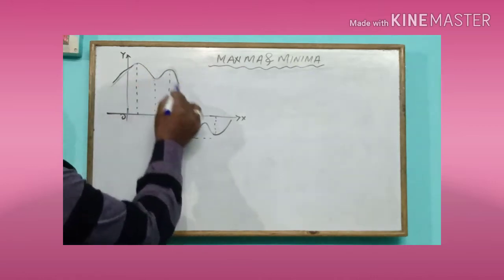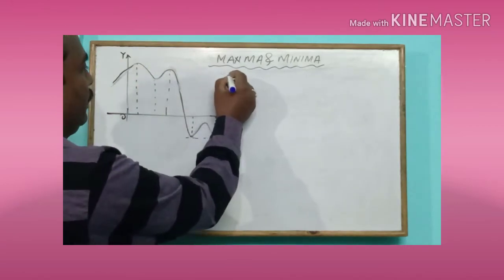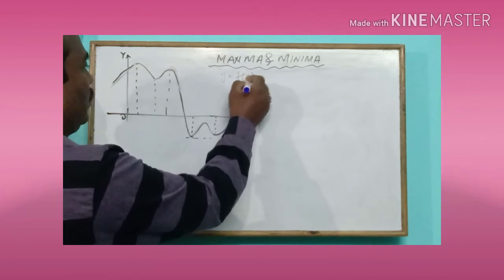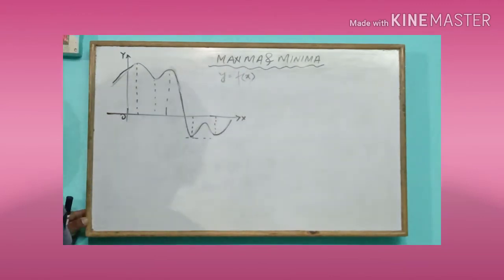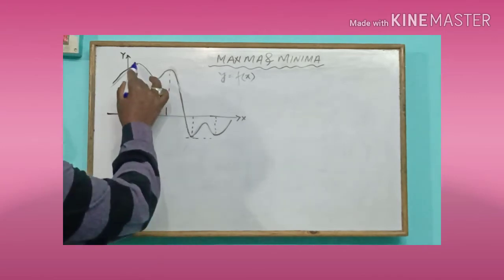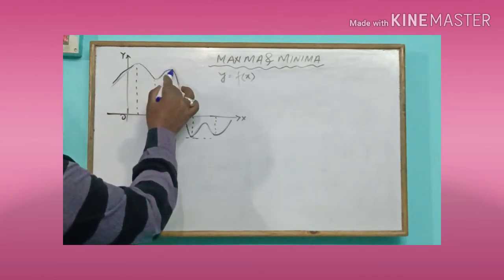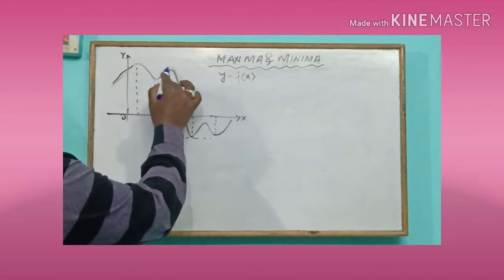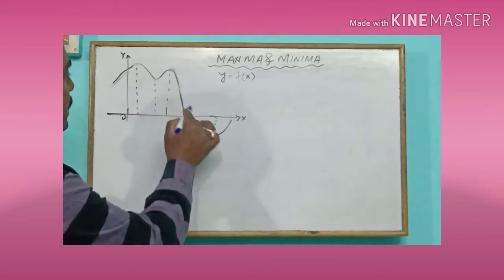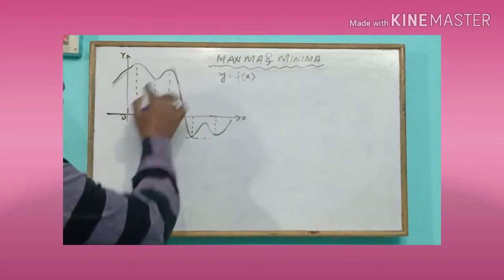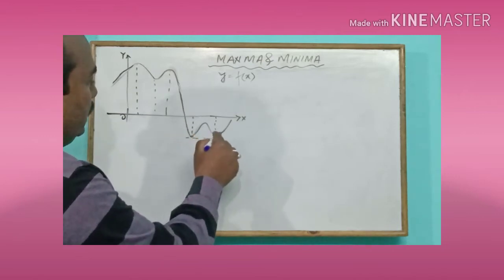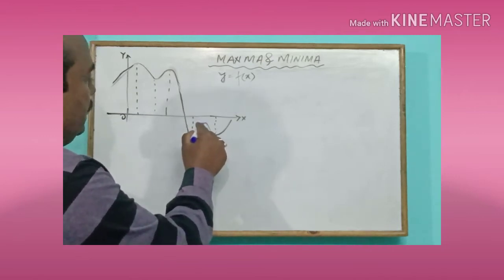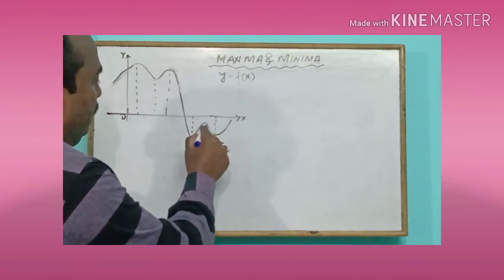If I have drawn a graph of a function y equal to f(x), we can see that at these positions the graph has attained peaks, and here it has attained depressions. Here also it is a lower peak, and here it is again the upper peak.